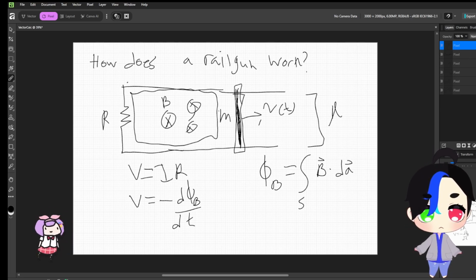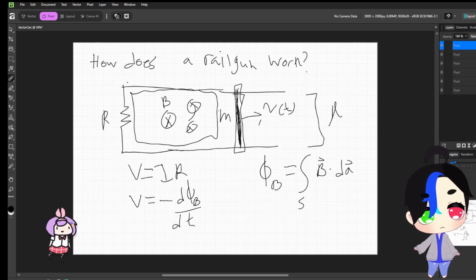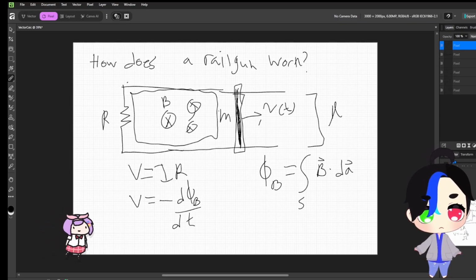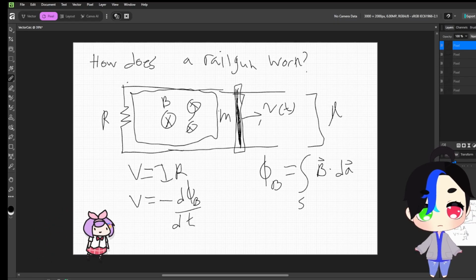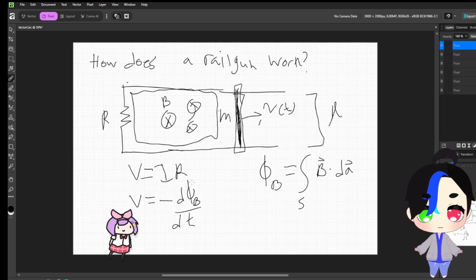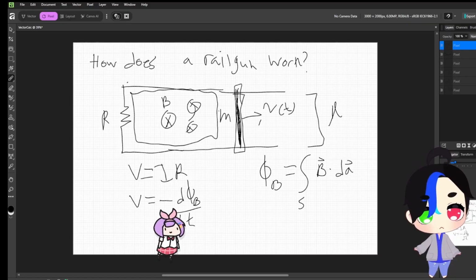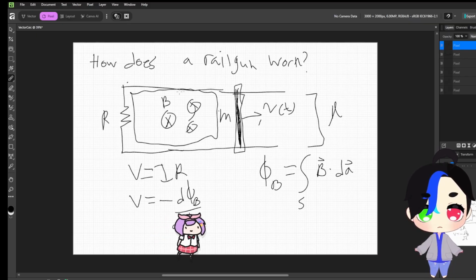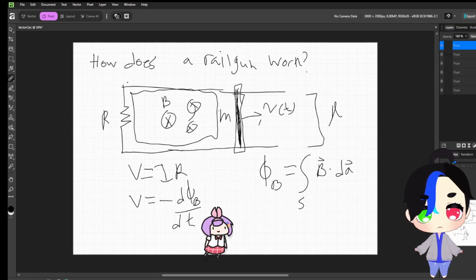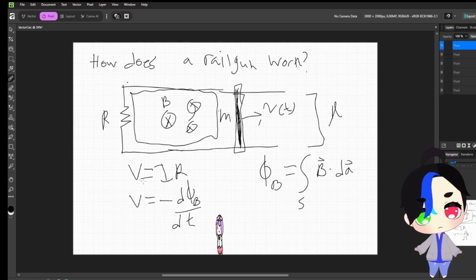There's a theorem in electromagnetism that we will discuss far later, but I want to talk about how a railgun works. It states that if your magnetic flux changes in time at all, then it will induce a voltage that works to oppose this change in flux. This is called Lenz's law.